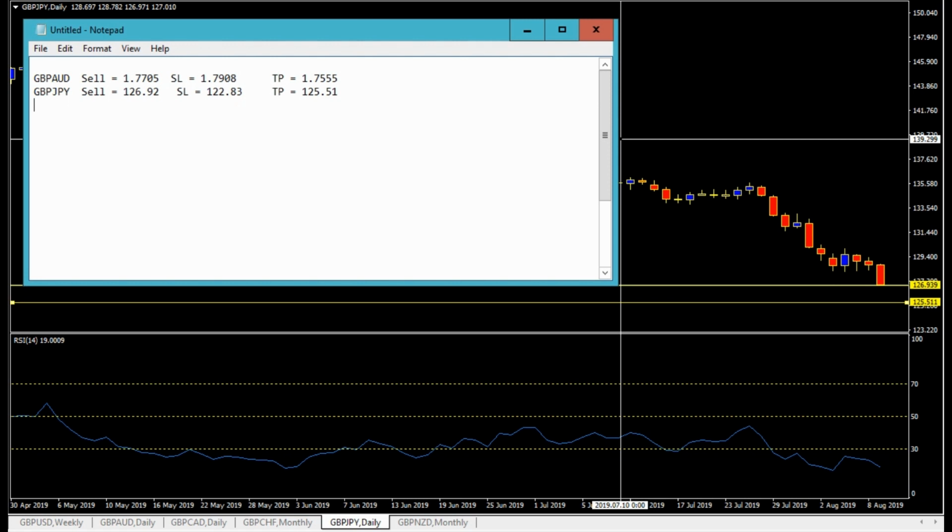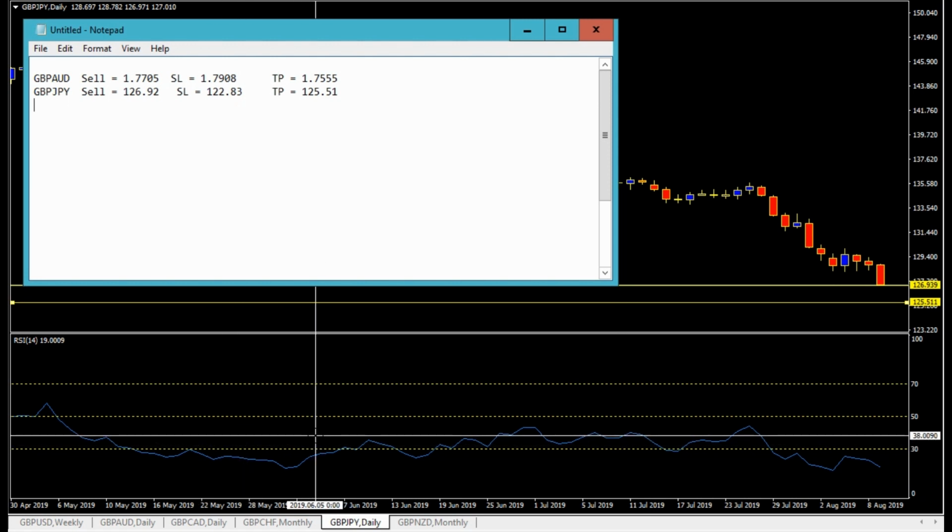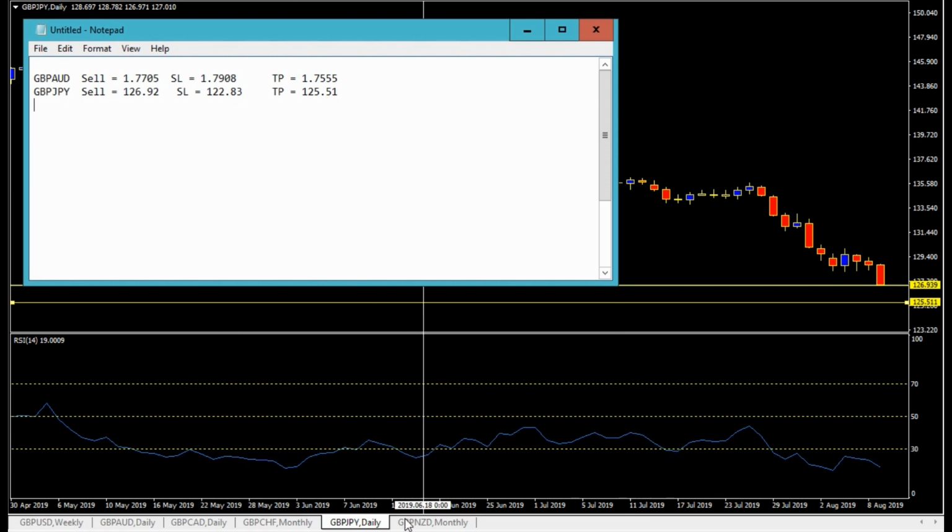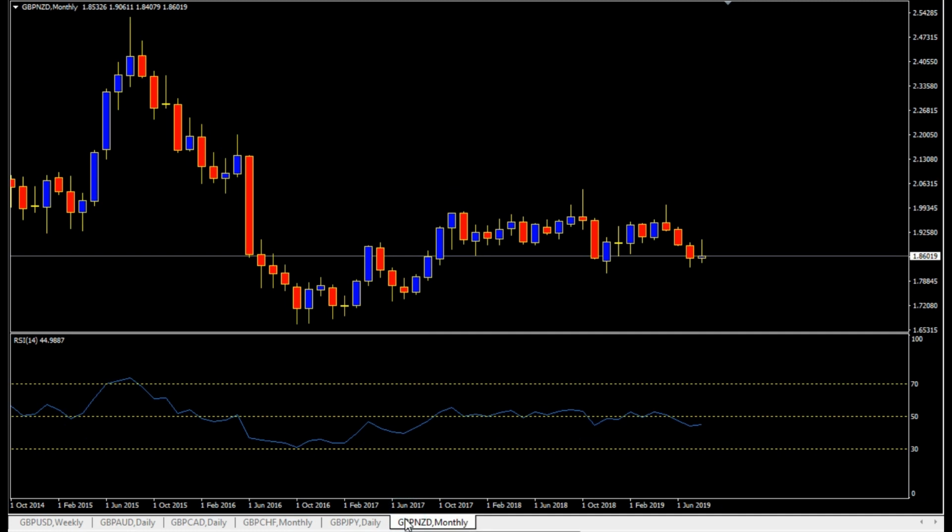Okay, now let's go to the next one. Yes, we can go for this one as well. New Zealand dollar. This is the monthly, and it was coming down for the last 3 months, then started going back up, and then started going back down. Let's turn the chart to weekly.